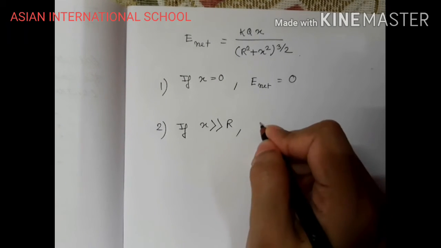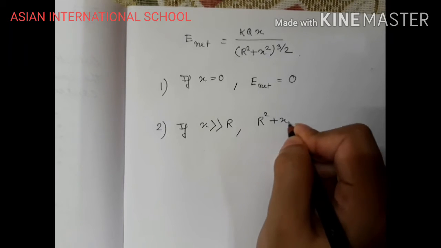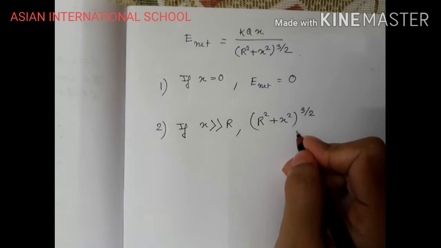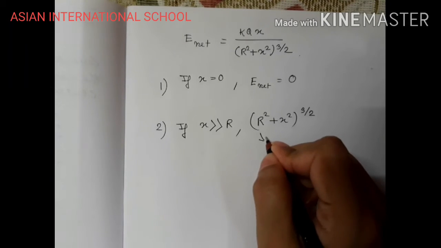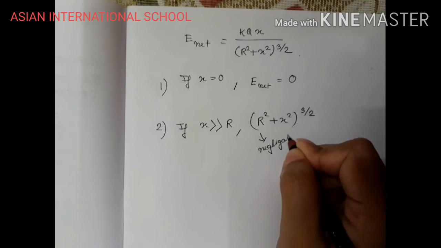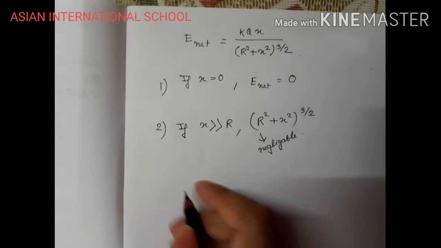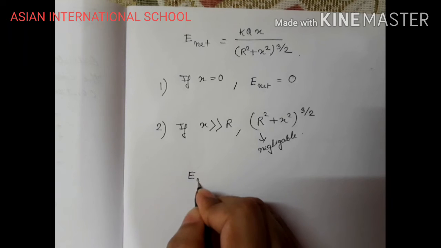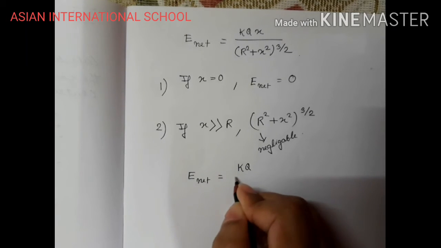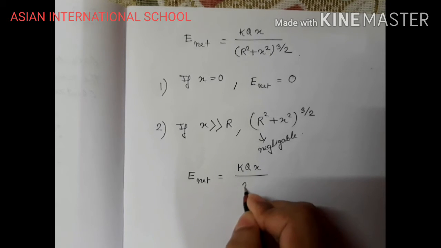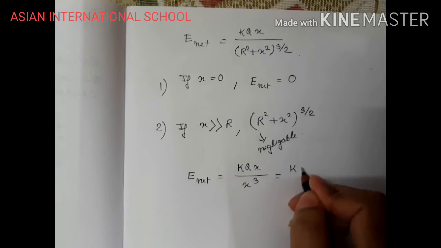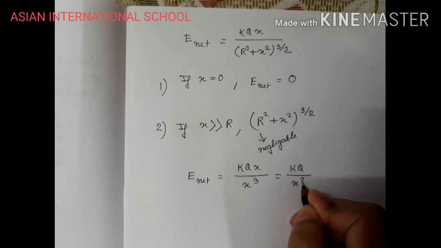In r square plus x square to the power 3 by 2, we can neglect this r square component. This is negligible. Therefore E net equals k q x by x cube, therefore k q by x square.